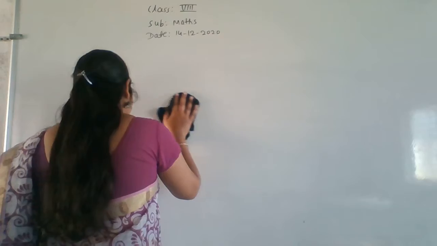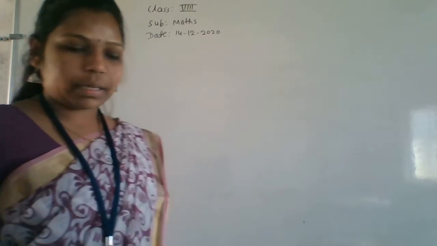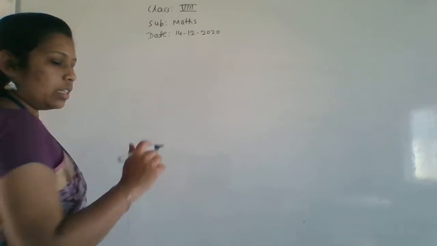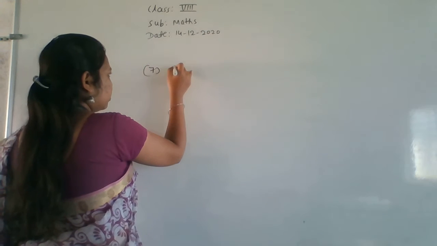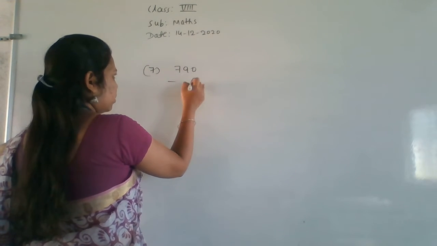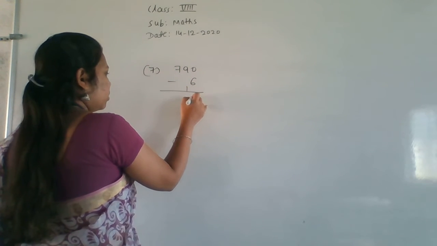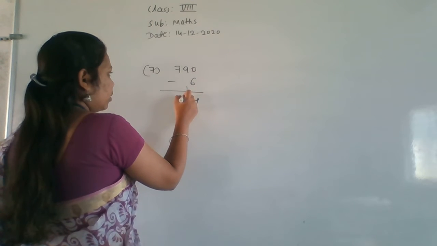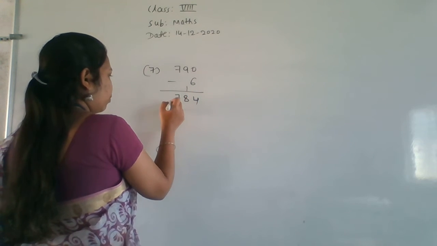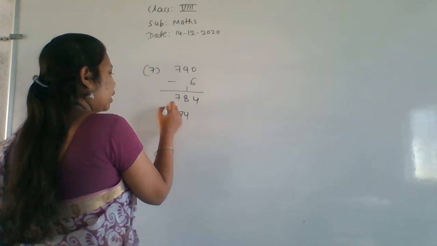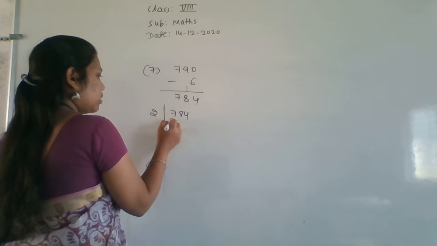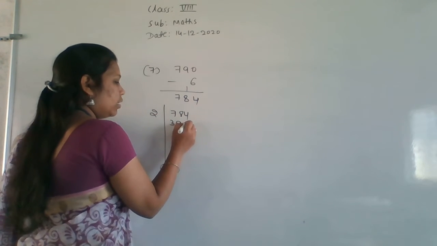Six were left over, which means you first have to subtract 6 here. 790 minus 6, that is 784. Now take the square root of this value. 2 3s are 6, 2 9s are 18, 2 2s are 4.